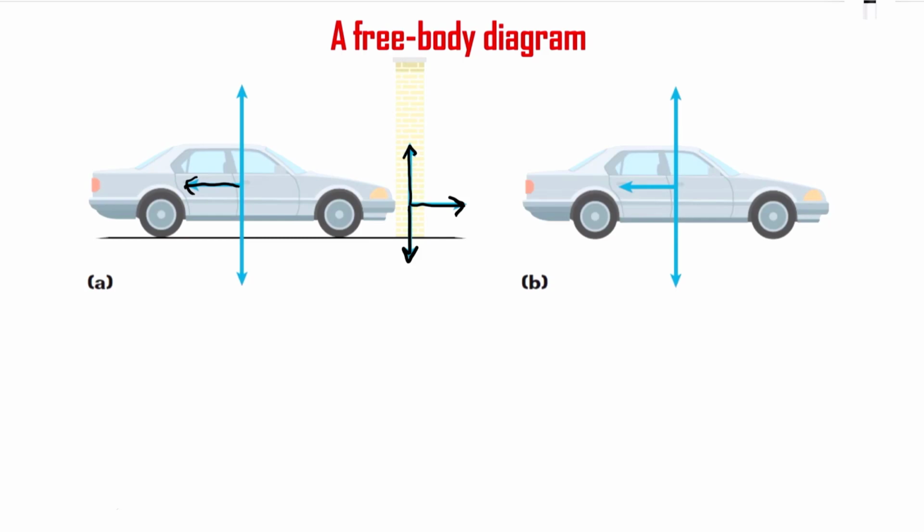Because of the weight of the car, it applies a force to the earth, and the earth applies a force on it. But simply we can say the free body diagram is drawing all the forces acting on an object. On the next page I will explain it to you with a picture. It will be more understandable, I think.